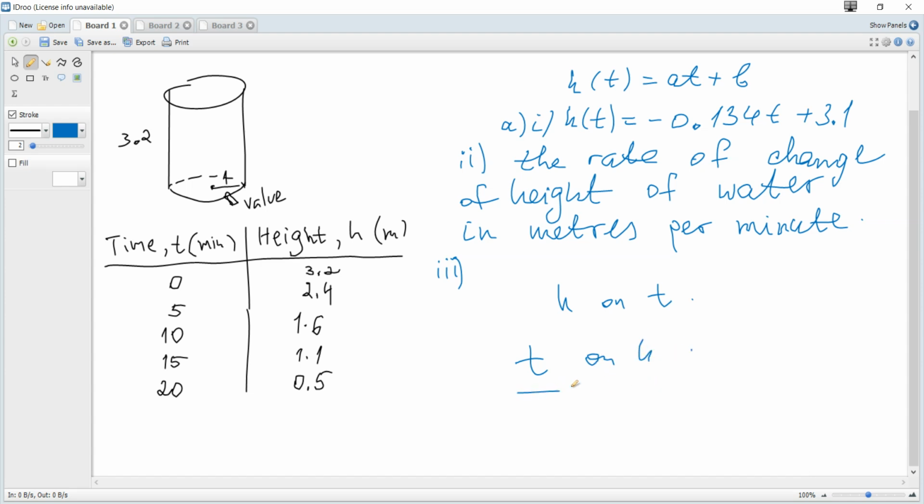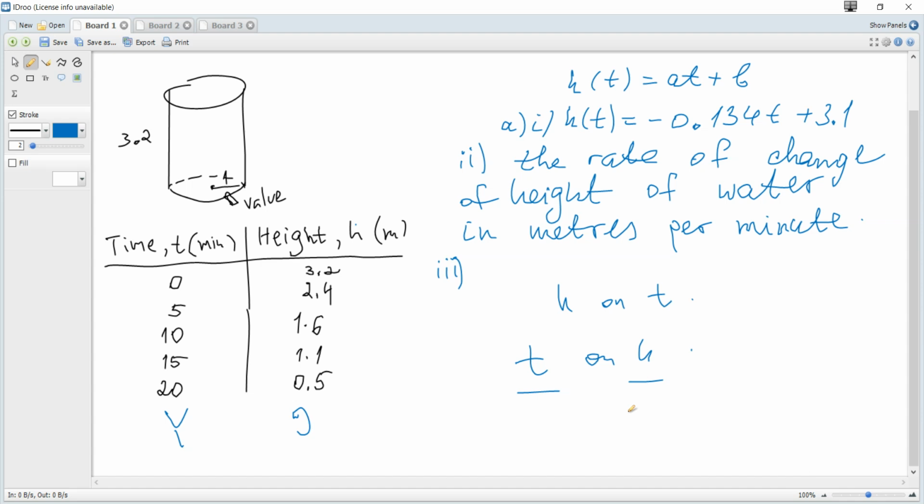So to predict or to estimate t on h, we should get a similar equation, but t on h. What does it mean? It means that t should be y and x should be h, and you get t on h, and you can estimate or predict time for given h.